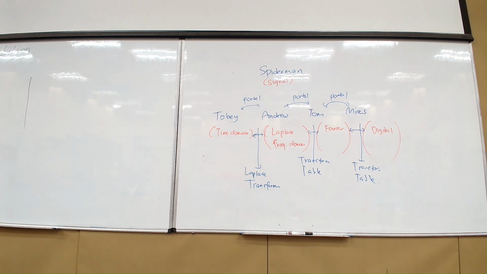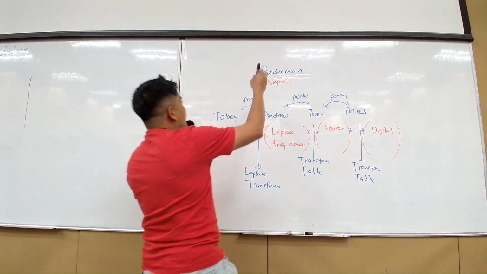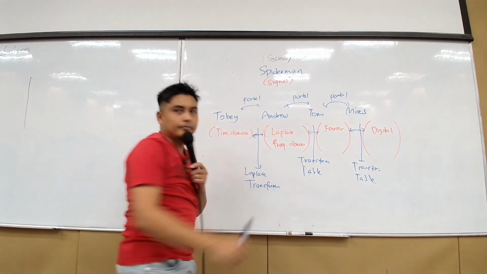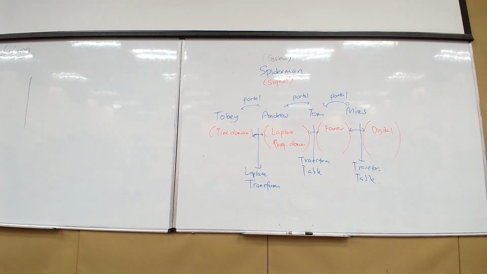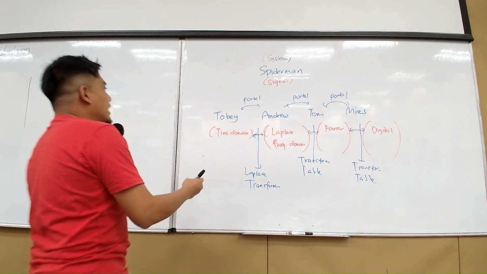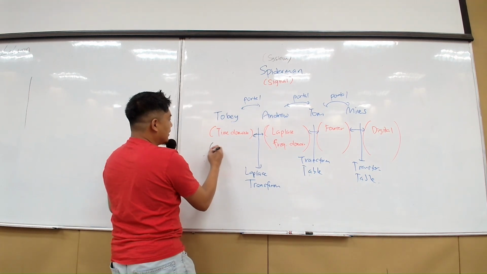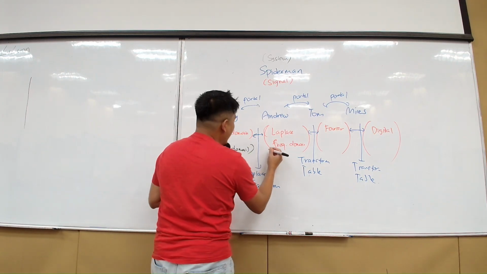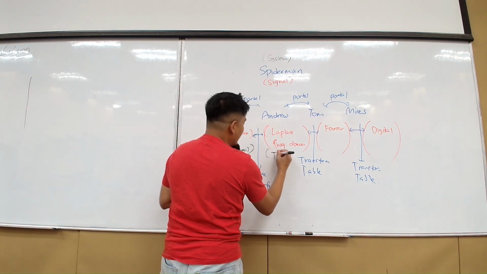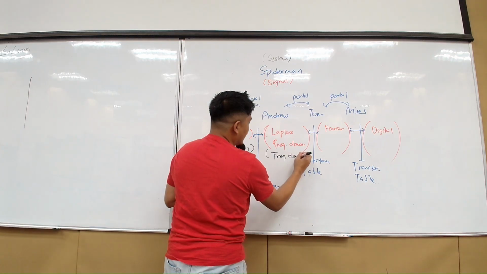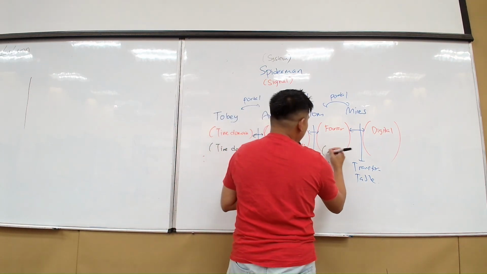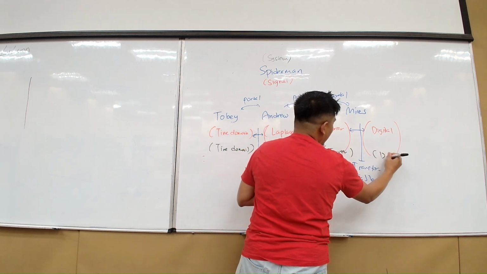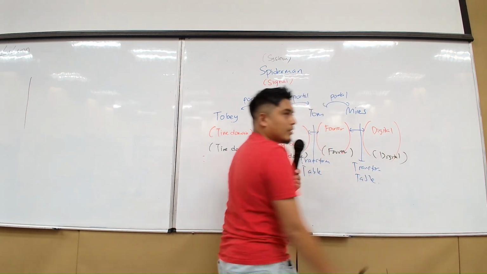System. You imagine Spider-Man is a system. The system also can be represented in time domain, in frequency domain, in Fourier, and also in digital.